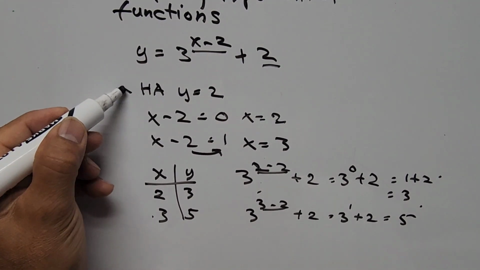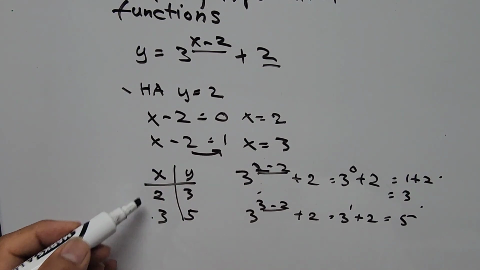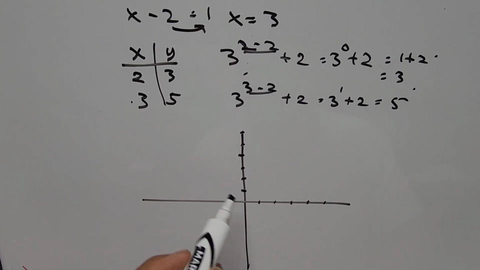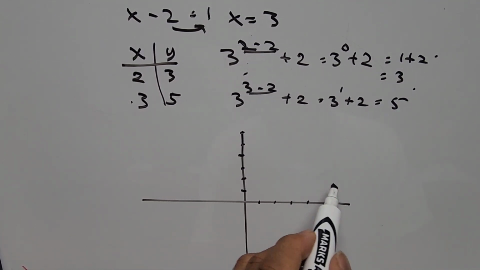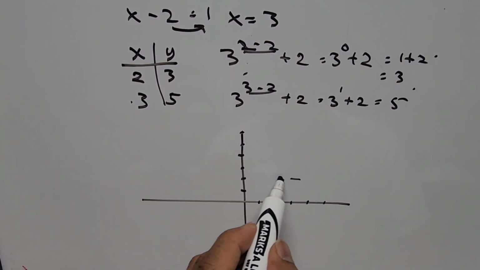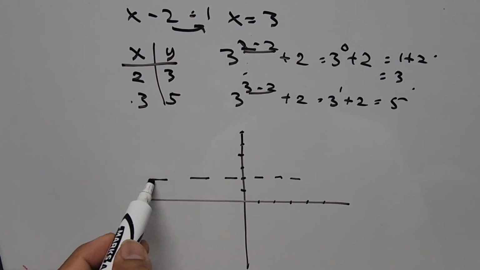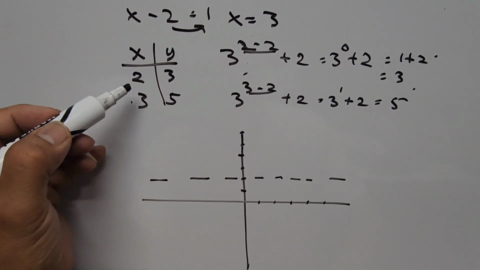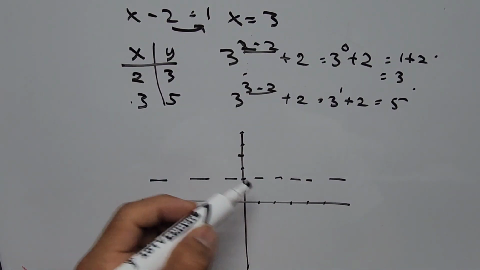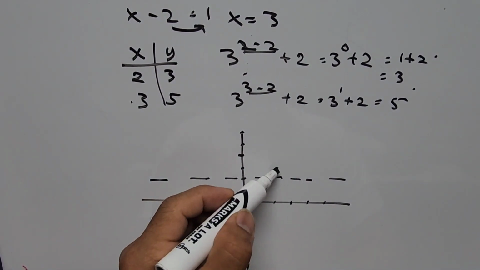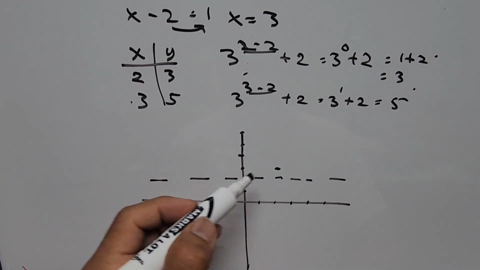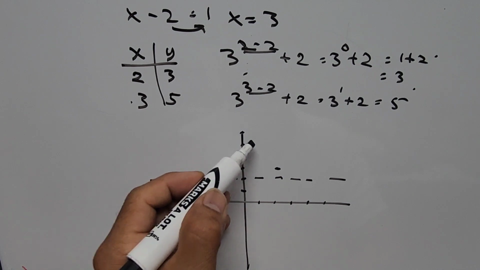So horizontal asymptote, y is 2. We have the values of x and y. So we have the horizontal asymptote, that's 2, y is 2. And we have here the point 2 comma 3, so that is 2 here and 3, and 3 comma 5, so 1 2 3 comma 5, 1 2 3 4 5.